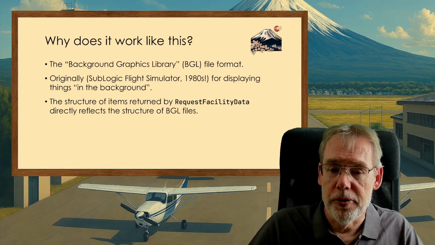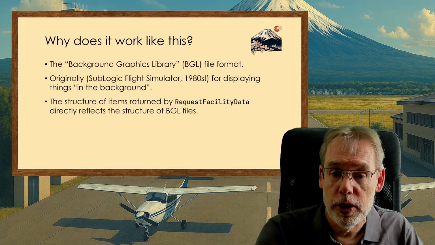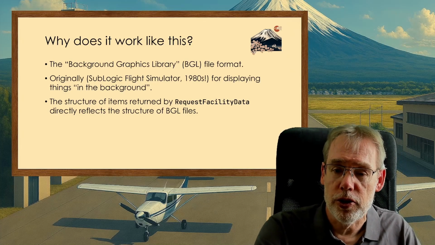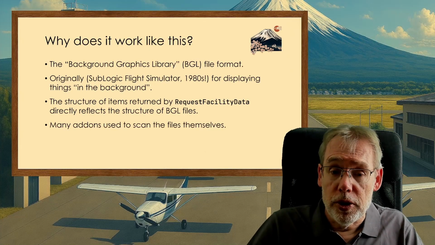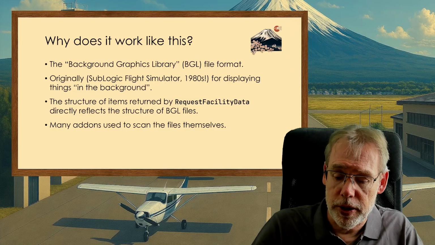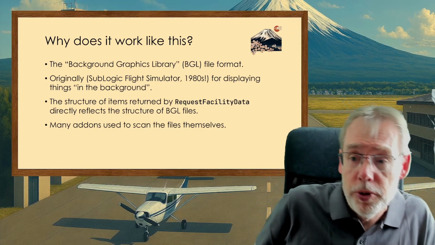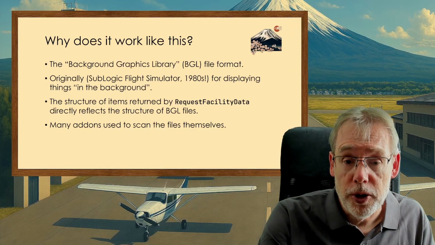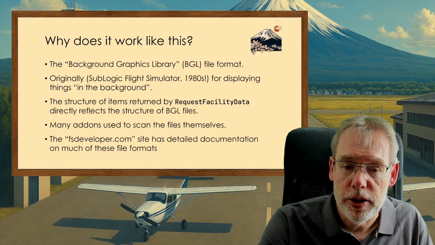The structure of the items returned by this request facility data call directly reflects the structure of those BGL files, and quite often add-ons used to scan these files themselves, because there's some reasons why you would want to do that instead of using that call, because you can do it when the flight simulator is not running.